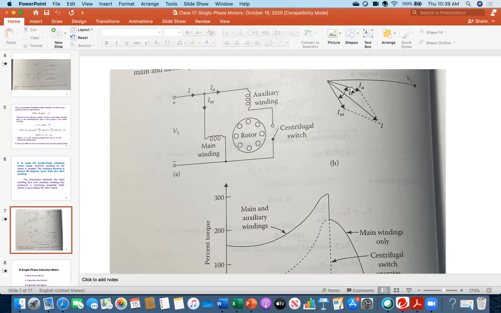If you put the capacitor here, then definitely that will be the leading angle. And that leading angle is much preferred over the lagging angle, because you all know that a leading angle has some benefit. It will improve the power factor, voltage regulation will be better, and the system will be much more efficient. That's why in the ceiling fan there is a capacitor.